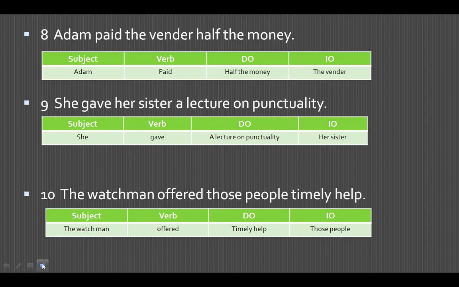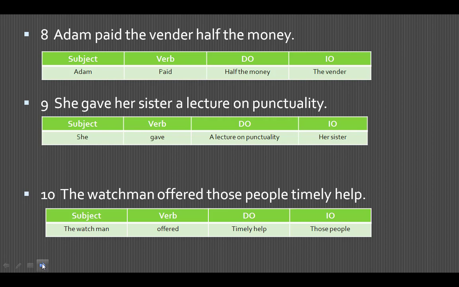In the ninth sentence: she gave her sister a lecture on punctuality. In this sentence, she is the subject, gave is the verb, a lecture on punctuality is the direct object, and her sister is the indirect object.